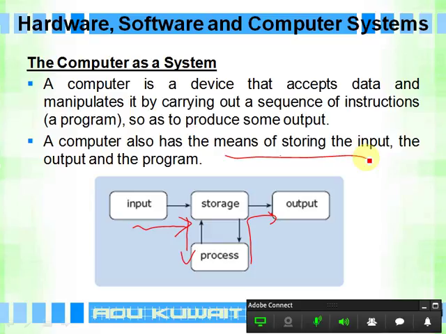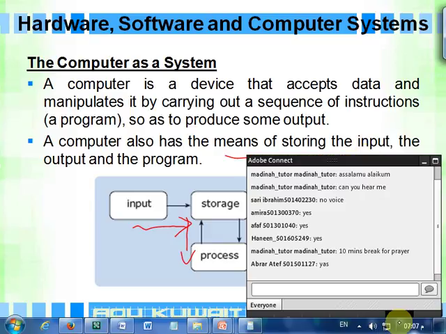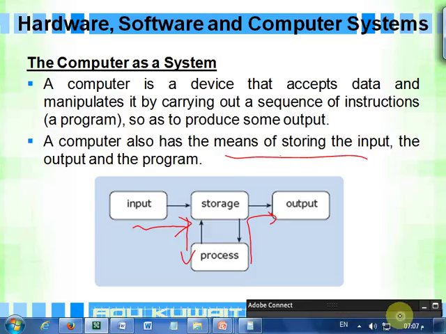So take the data, process it, store the data, or give the output. Okay. So a computer has means of storing the input, the output and the programs in the memory. So this is the general structure of a computer: there is an input, there is a storage, there is a processing, and there is an output. Fine.